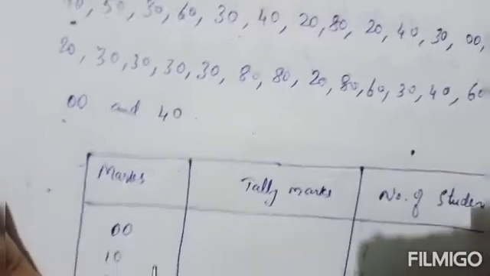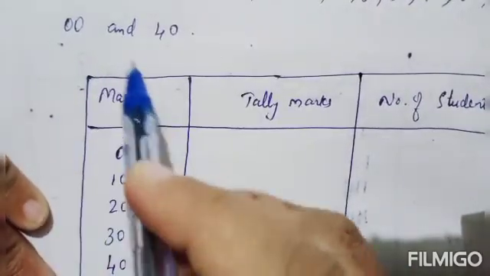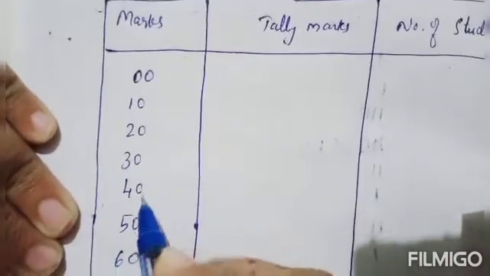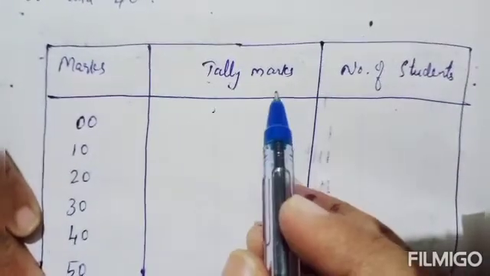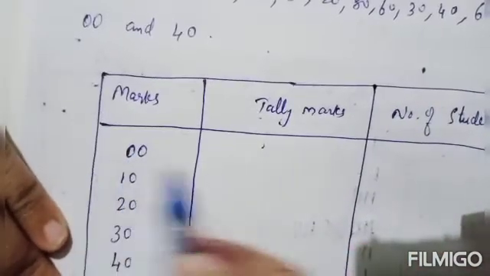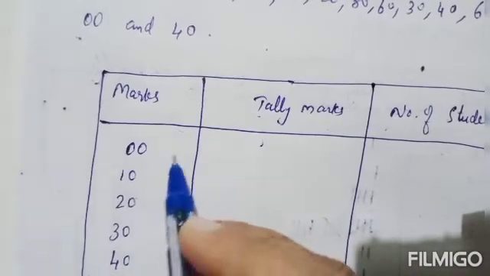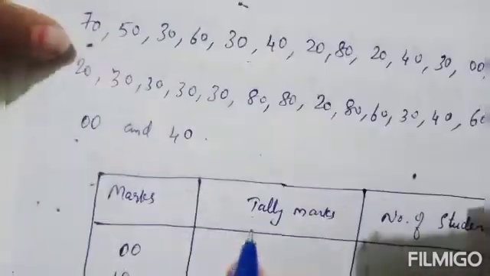So in the first column we can write the marks: 0, 10, 20, 30, 40, 50, 60, 70, 80. The second column is tally marks. The third column is the number of students who scored the corresponding marks. Now, tally marks, how can you put them?